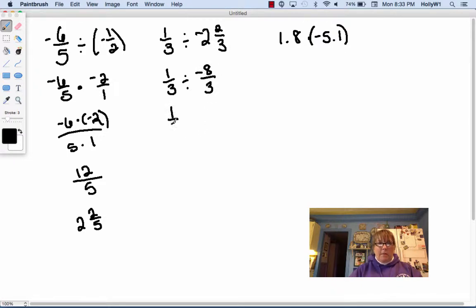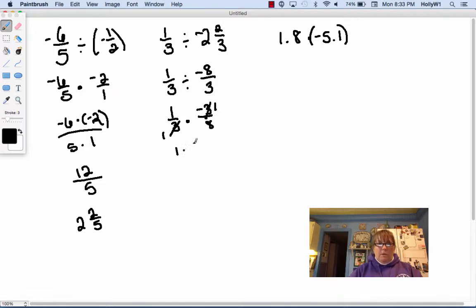So now we can keep it, change it to multiplication, and multiply by the reciprocal, or flip it. And at this point, I am going to cross simplify, because I don't like multiplying anything larger. So I can divide this 3 and this 3 both by 3, and it gives me 1.